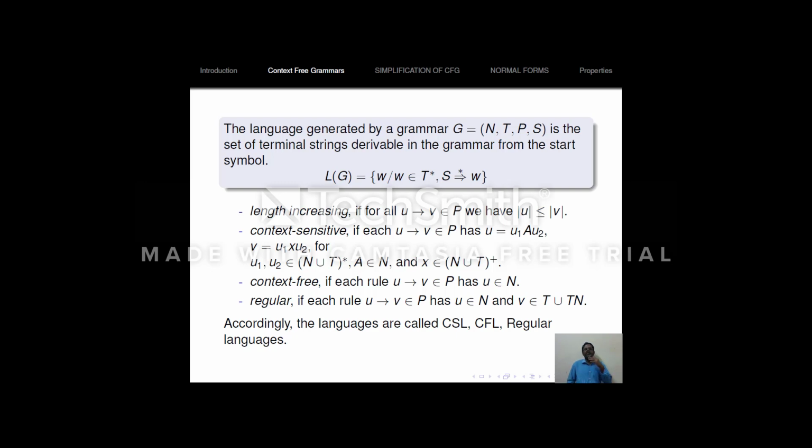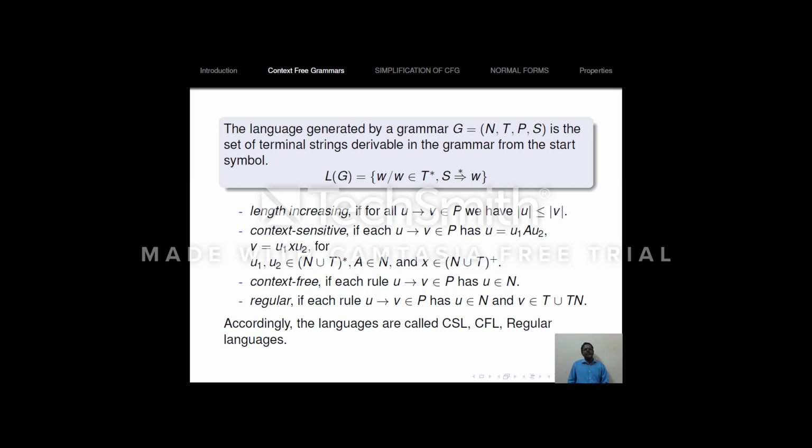For example, one sample production will be in this form: U goes to V. As told already, a grammar will have four components: N, T, P, S. N is the finite set of non-terminals, T is the finite set of terminals, P is the finite set of productions, and S is the starting symbol with which we will derive the words.